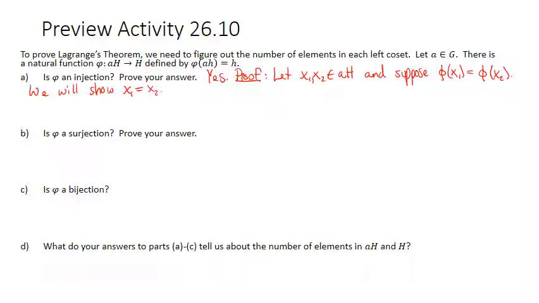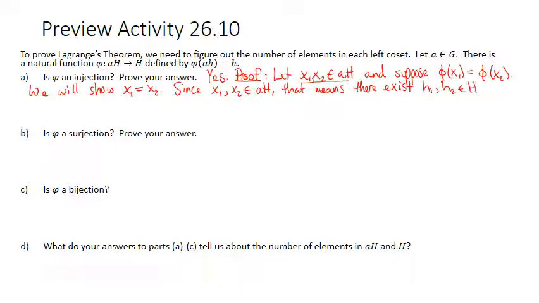Okay, so let's see what we get from our assumptions. So I'm going to start with this let statement right here. So just the very fact that x1 and x2 are elements of this left coset means something. So since x1 and x2 are in AH, that means that there exist two elements of H, which I'm just going to call H1 and H2.